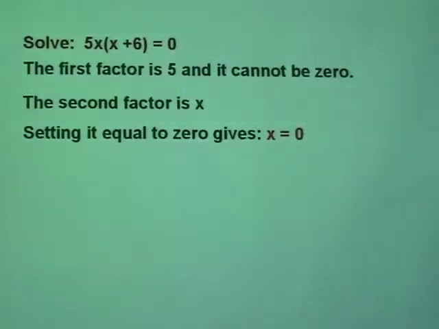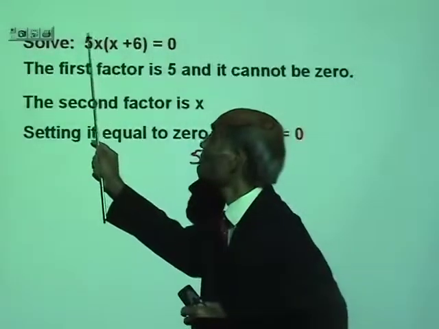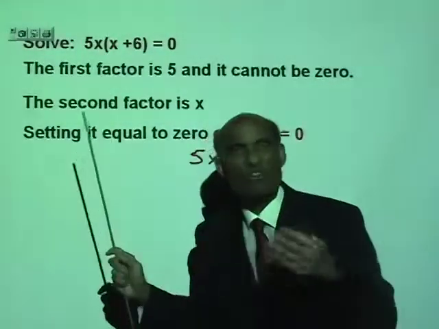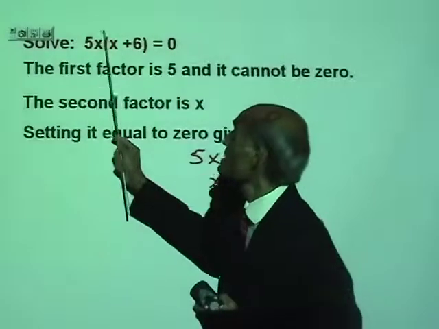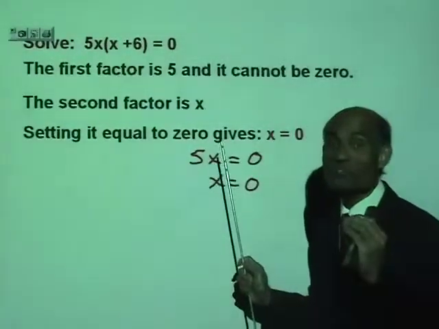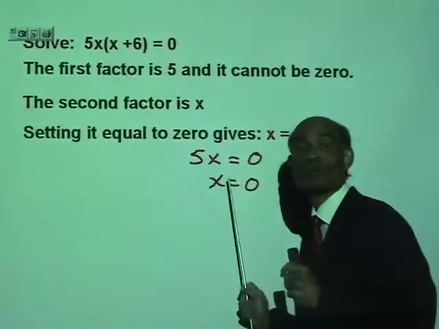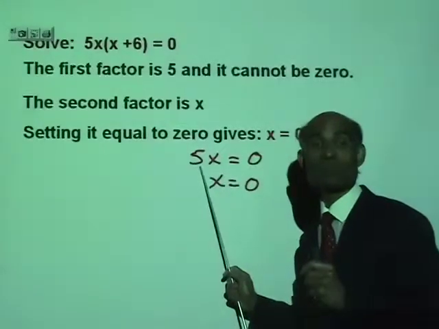Now, look at this. If we have 5x equal to 0, the only way 5x can be equal to 0 is that x equal to 0. So we can treat this 5x as a single factor. Setting 5x equal to 0, 5x can be 0 only and only when x equal to 0, because 5 cannot be 0.